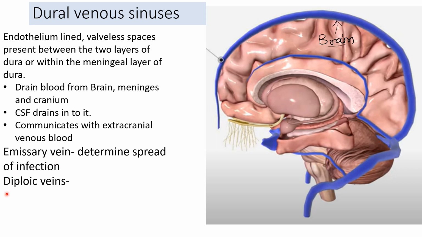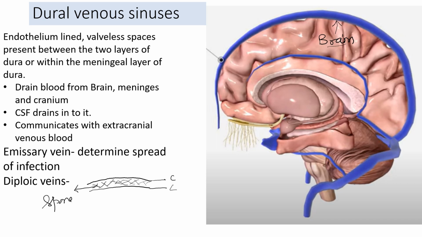And then there is a term called diploic vein. I have told you that diploe are the spaces present between the two tables of the cranial bone, which are made up of compact bone. So this is compact bone, this is compact bone, and this is the spongy bone.